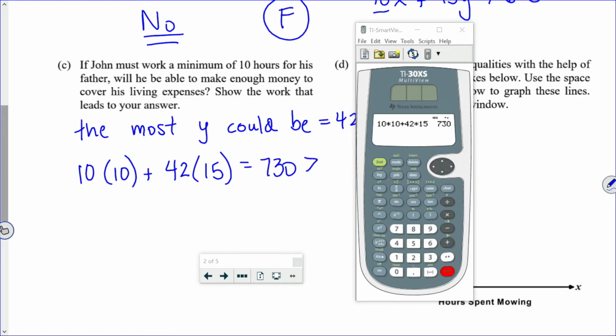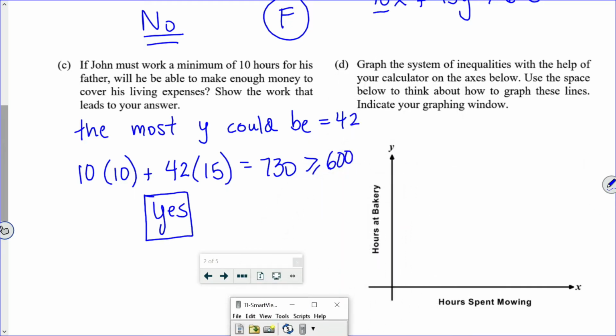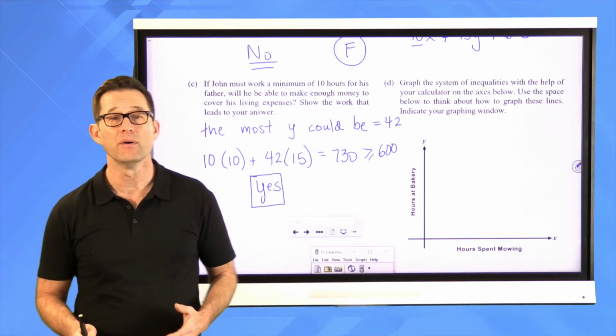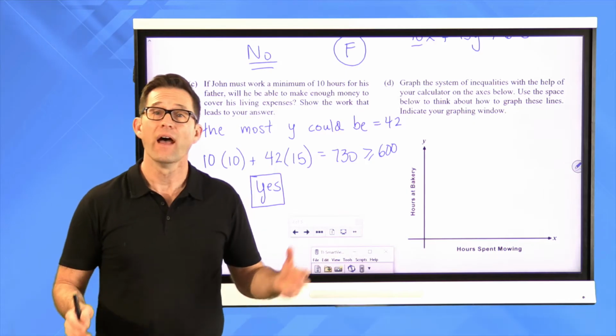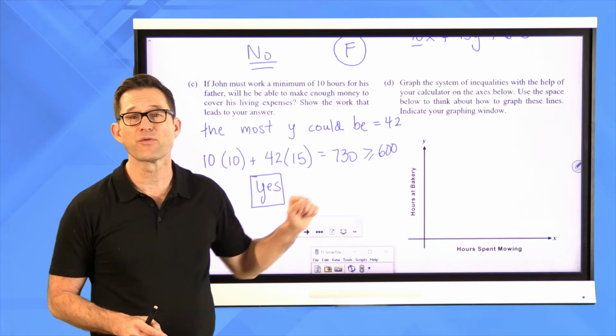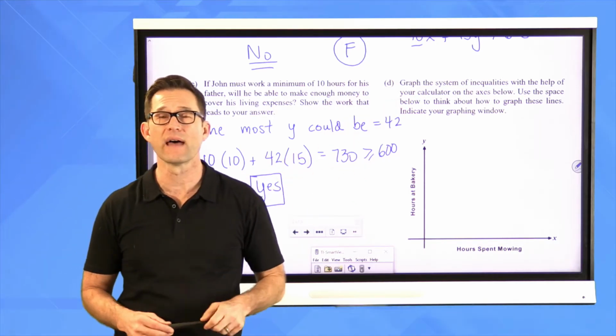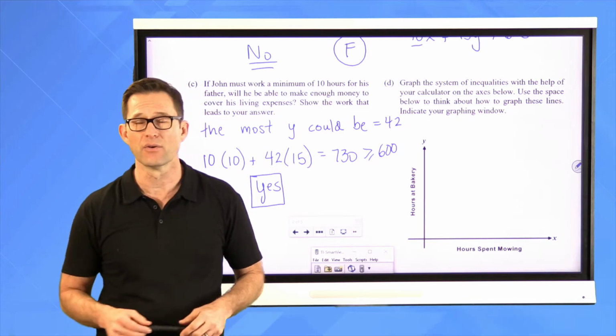Since that is greater than or equal to 600, yes. So he can easily work those 10 hours for his father mowing. Maybe his father just absolutely needs him to mow. He can work 10 hours for his father and 42 hours at the bakery, and he'll make $730 in that week, which is greater than the 600 he needs.